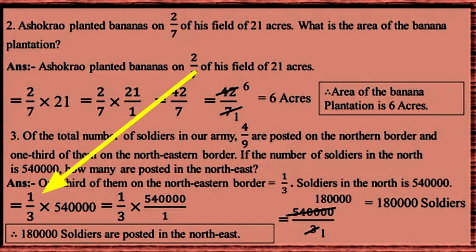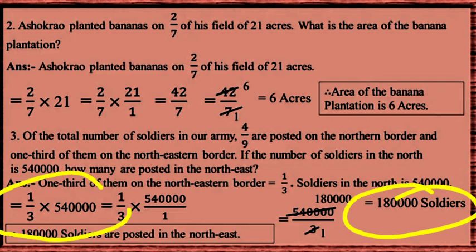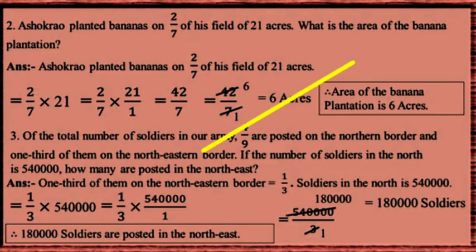Children, let us start. 1/3 of the soldiers means 1/3 multiplied by 5,40,000, that is 1/3 of total soldiers. So it is 1,80,000 soldiers. See, when we multiply 1/3 by 5,40,000, what did we get after division?